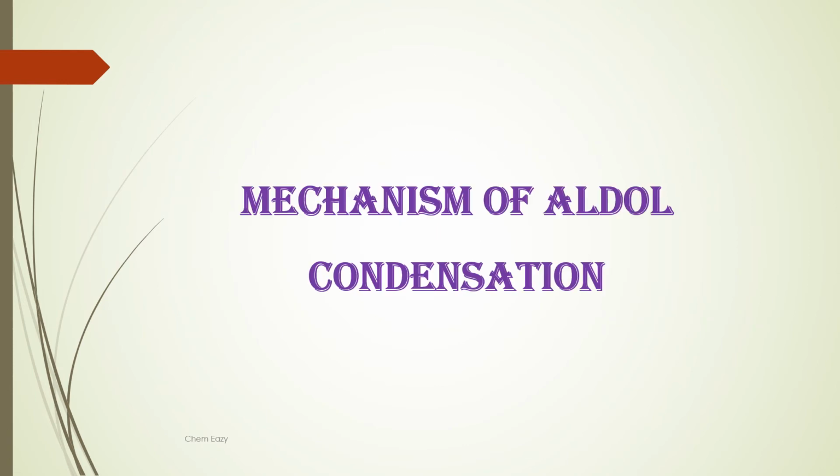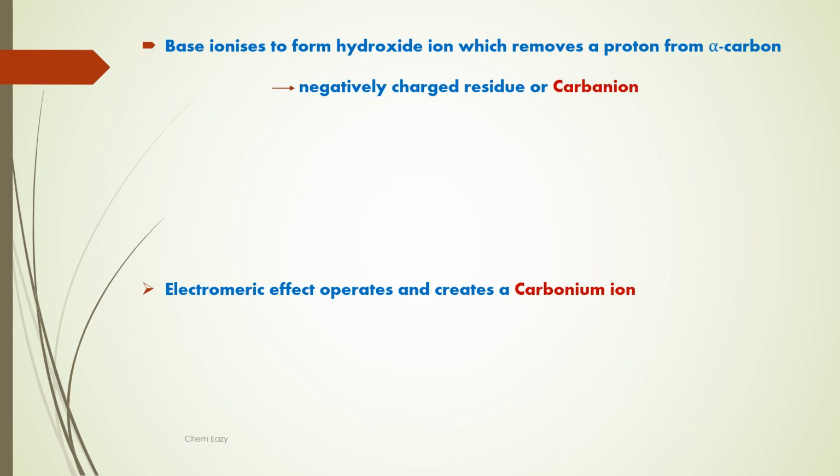Next, let us see the mechanism of aldol condensation step by step. In step 1, the base ionizes to form hydroxide ion, which removes a proton from the alpha carbon. For example, sodium hydroxide undergoes ionization and produces hydroxide ion.